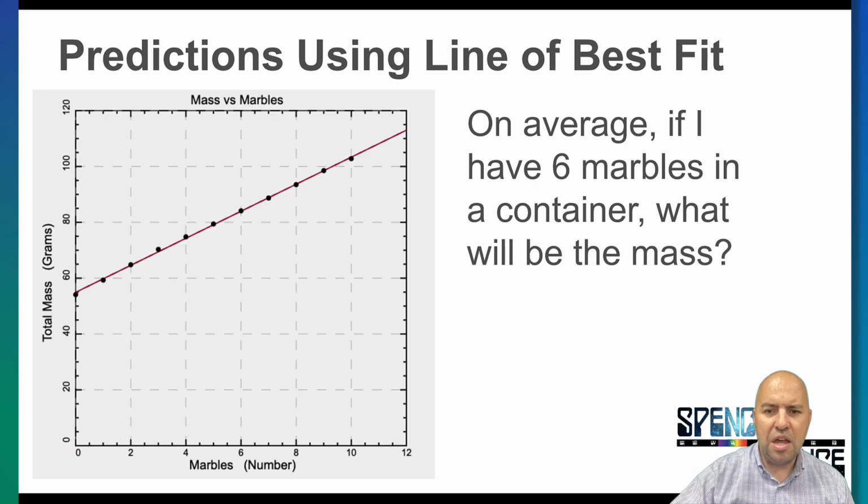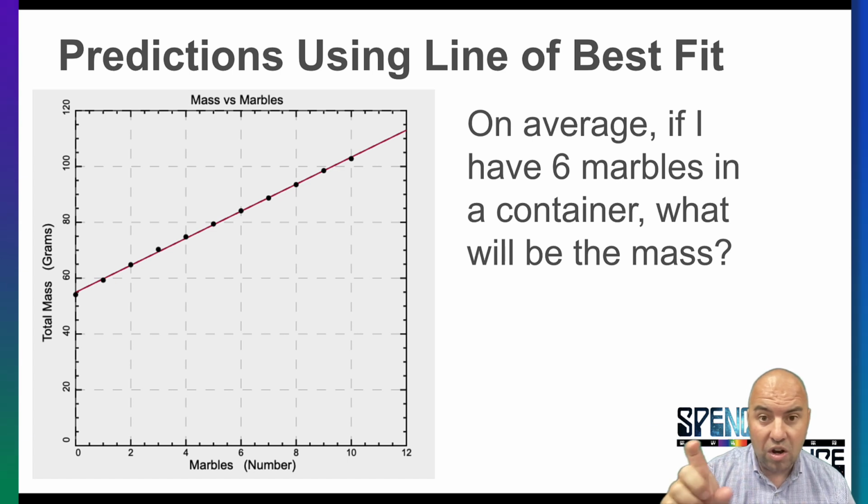So let's take a look at this. One of the things that we want to be able to do, once again, is make predictions using this line. So let's say that I have 6 marbles, and I want to use this graph to figure out the mass of 6 marbles on average. Well, I'm going to look down along the bottom and find where it says 6 marbles.